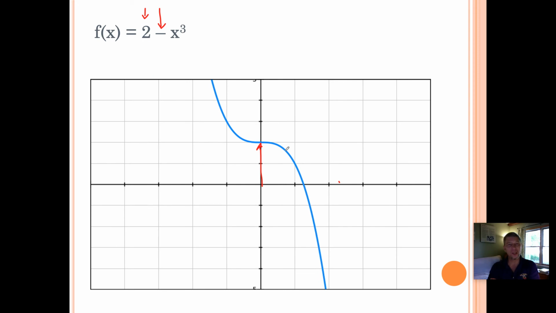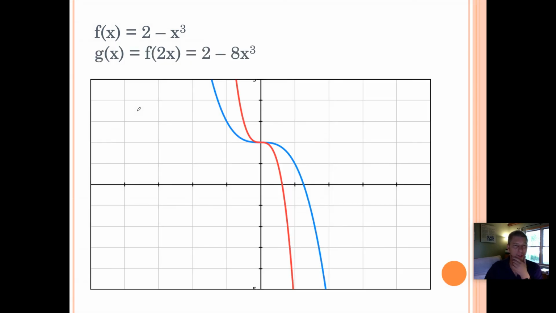Now, if we want to use the g of x term, g of x is f of 2 times x. As I showed you in the last slide, this gives me 2 minus 8x cubed. And so this is a horizontal shrink by a factor of 2.